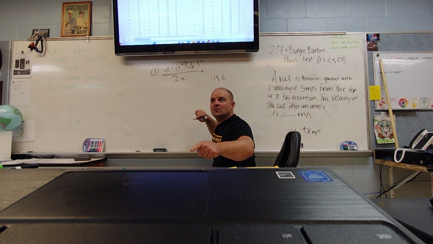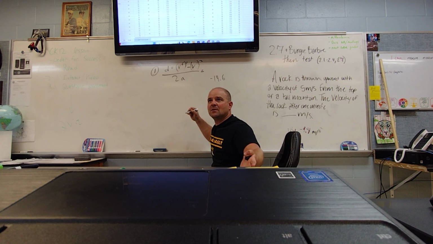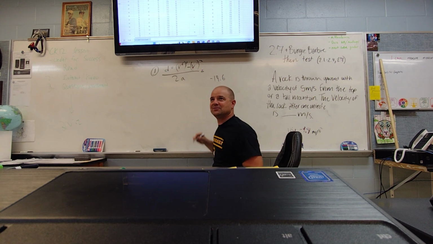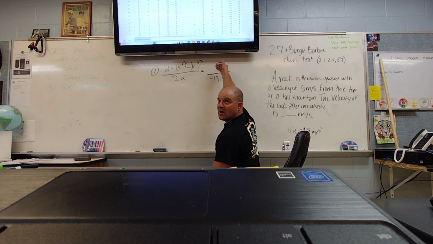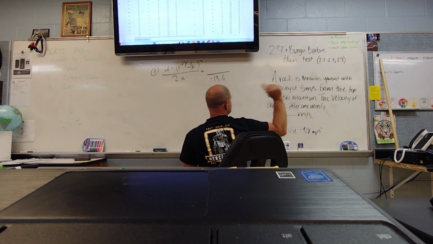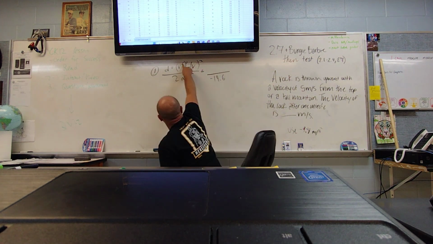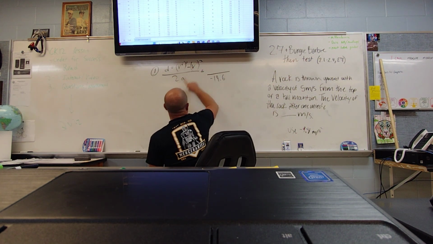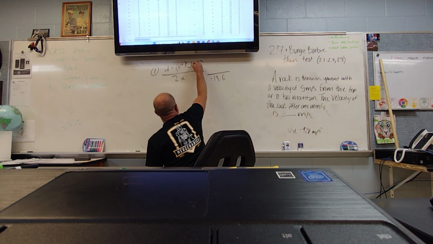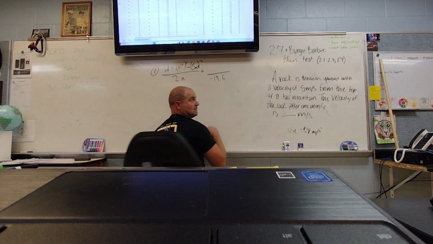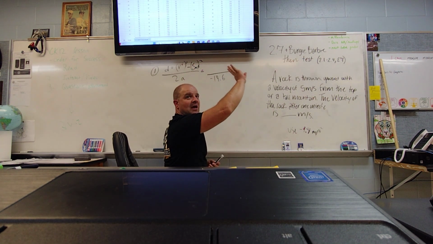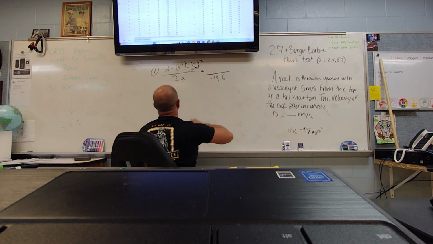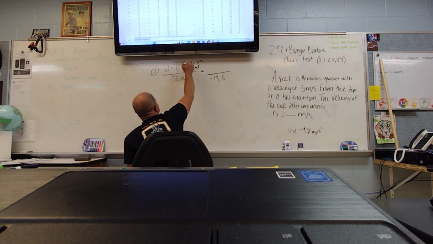Just use 9.81. I thought that's what it told us to use. Okay, so what is this? Our initial velocity is 5 meters per second, right? And the final velocity: it gets thrown up, and gravity is going to stop it, so the final velocity is going to be 0.